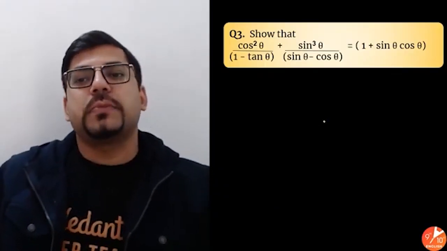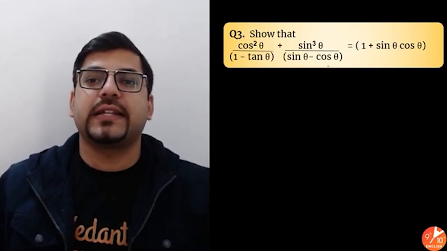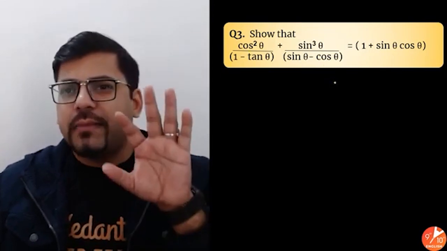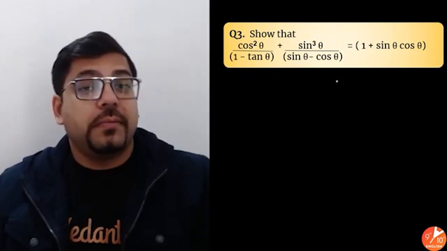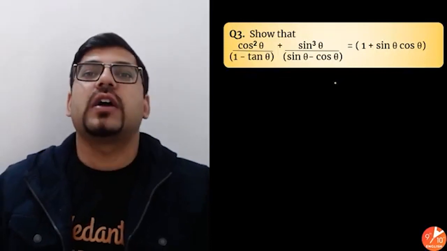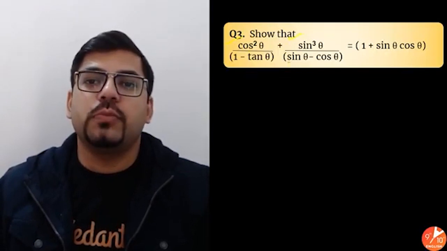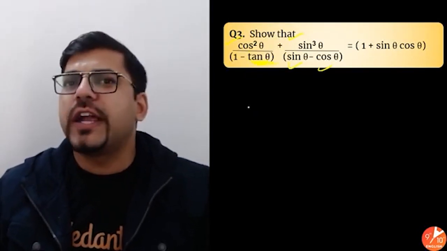The next question is: cos²θ divided by 1 minus tanθ, plus sin³θ divided by sinθ minus cosθ, equals 1 plus sinθ cosθ. Again, I see that the RHS has only sine and cos, which means in the LHS I should convert everything into sine and cos. Everything is already in sine and cos except tanθ, so I should convert it too.